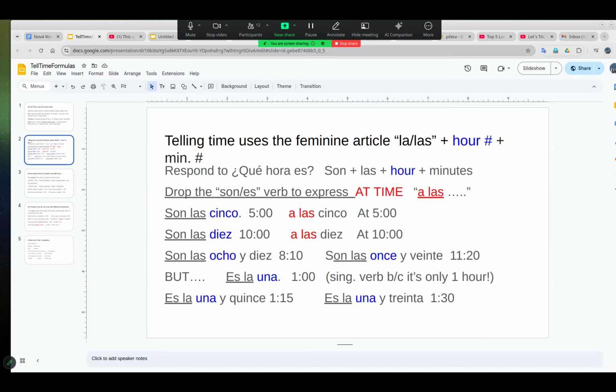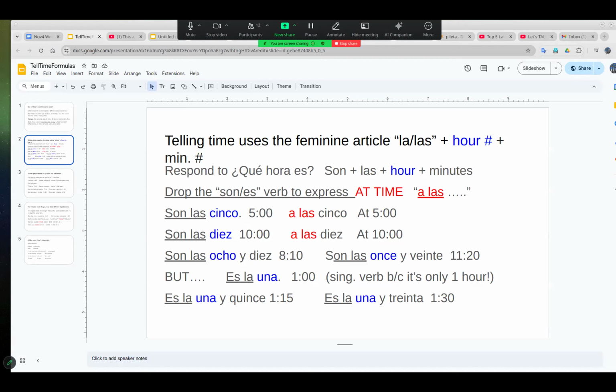So the way to combine it with the time is going to be an a las phrase that you see in red. The son las phrases are telling time, so actively telling what time it is. But the a las phrases tell us at what time. The a of the a las just says at, right? A can mean to, but in this case translates in our English expression to the at idea.